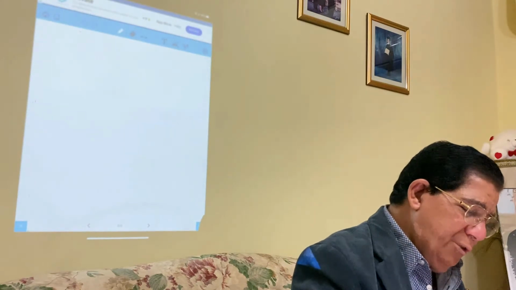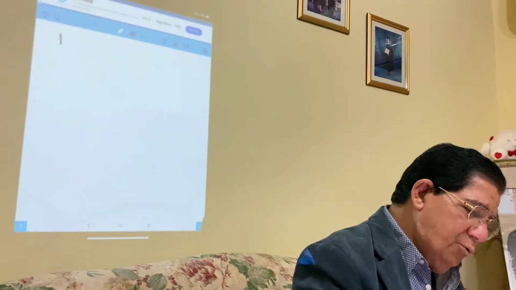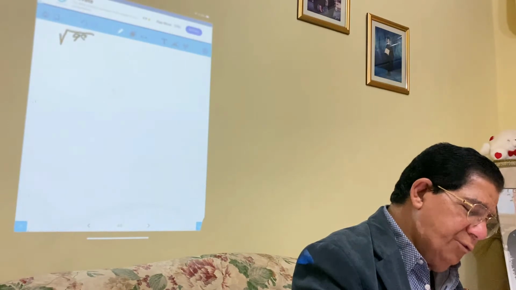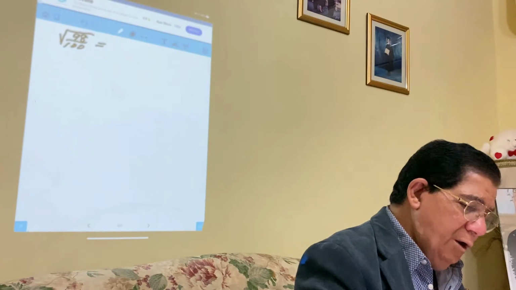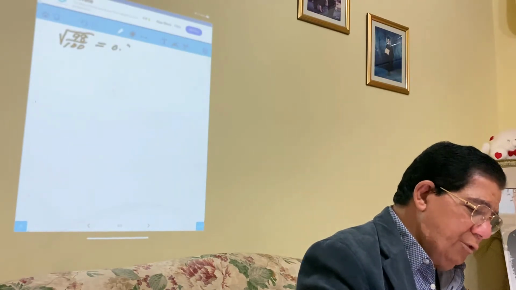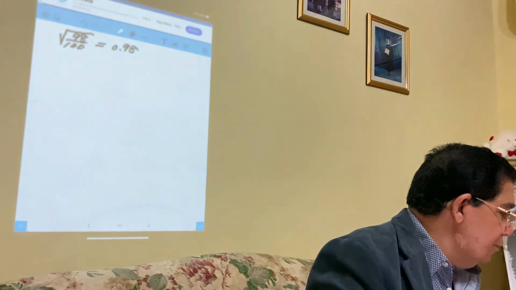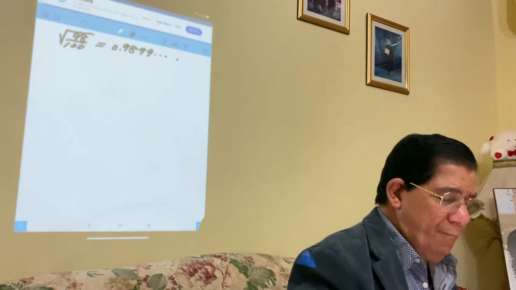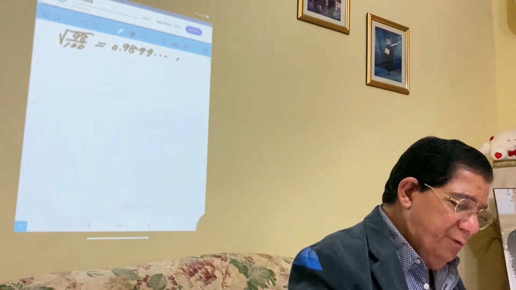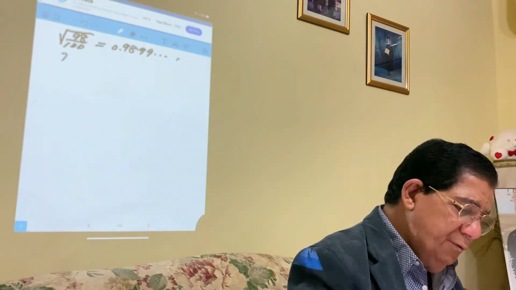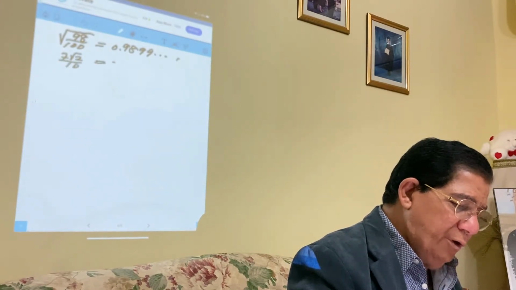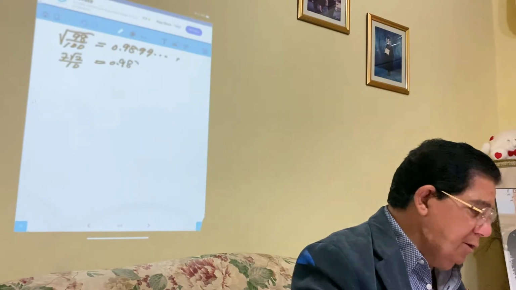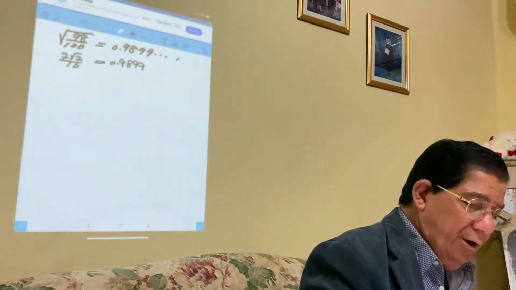The square root of 0.98 means the square root of 98 over 100, equal to the decimal we had, 0.9899 and so on. The square root of 0.98 means 7 root 2 over 10, equal to 0.9899495.